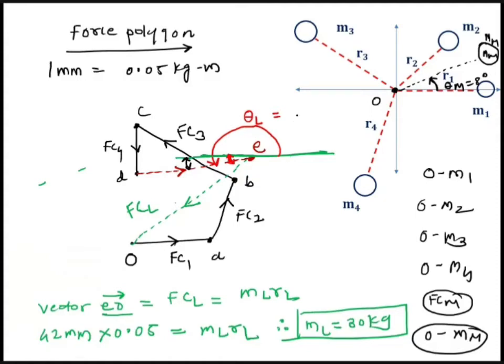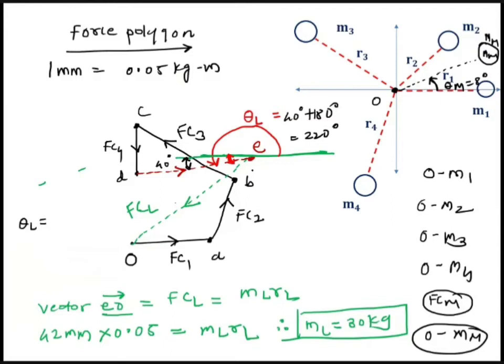You're getting theta L is equal to... after measuring, this angle will be 40 degrees, and theta L is equal to this 40 degrees plus 180 degrees. It will be 220 degrees. Okay, is it clear? Have you understood how I have measured this angle?